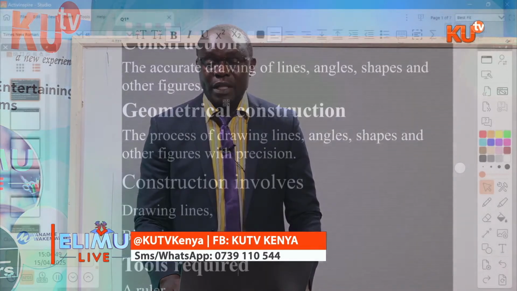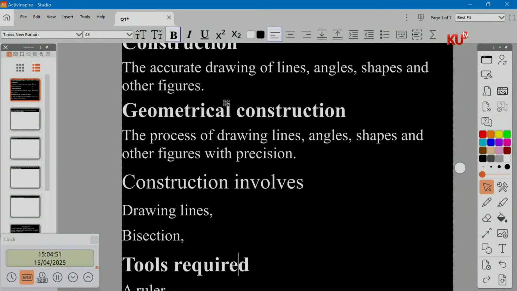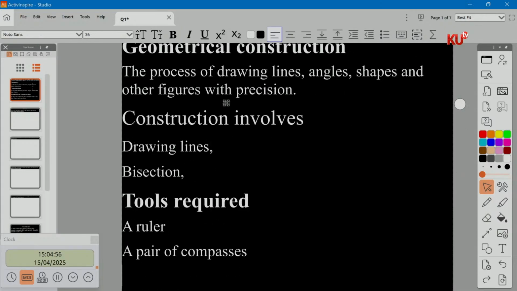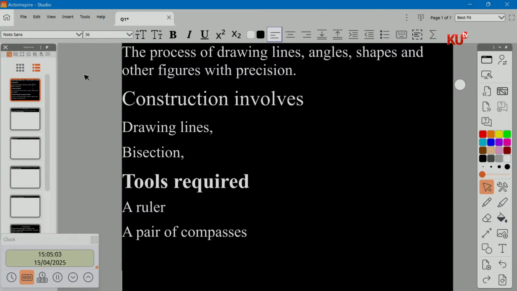Construction involves drawing lines, bisecting lines, angles, among so many other things. And as I said in the beginning, you need a ruler, a pair of compasses, and a notebook. Now, just to highlight a few applications of geometrical construction: those who learn physics, during the determination of the position of center of gravity, geometry is applied there.